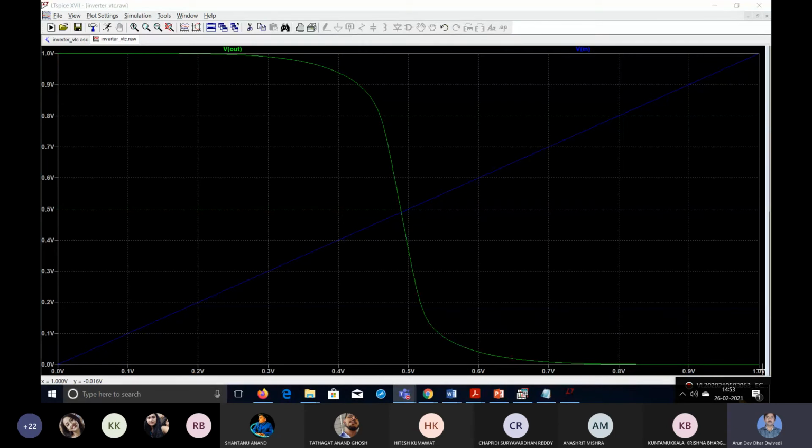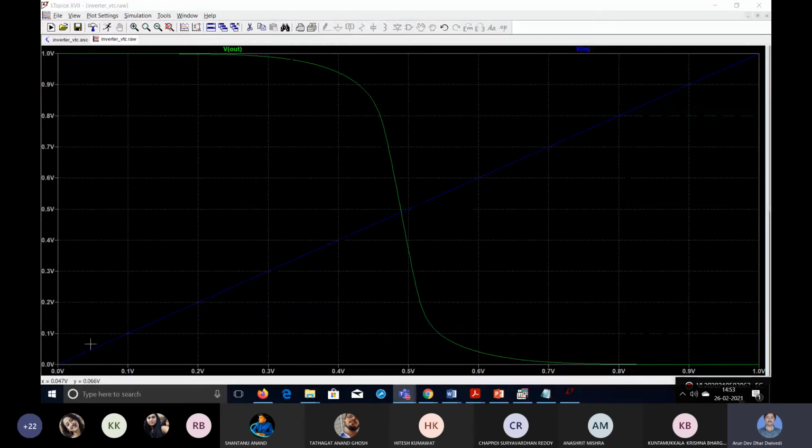At 1 volt VDD, first we can talk about VOH. When the input voltage is 0 volt, complete logic low, what is the output voltage? That is called VOH. At this point the output voltage is 1 volt, which is equal to VDD. VDD in the circuit we have seen is 1 volt, so VOH is coming exactly equal to VDD.